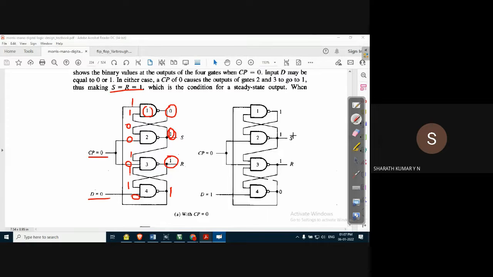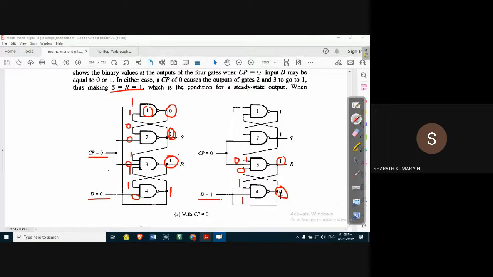Now D is 1, the input D is changed to 1. What will happen? Observe this. If this input is 1, this input is also 1. With 1 and 1, this becomes 0, obviously. The clock pulse is still 0. This is also taken as 1. With 0 and 1, R is 1.